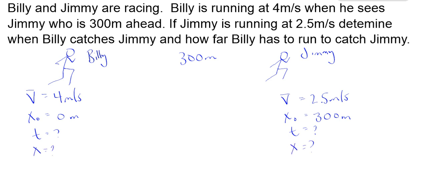So right now, I've come upon this, and I have two unknowns. I'm missing the time and the position, but I know the following things. I know x for Billy equals x for Jimmy, and I know that t for Billy is the same amount of time that it is for Jimmy.